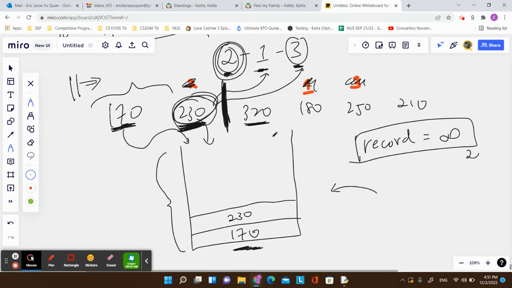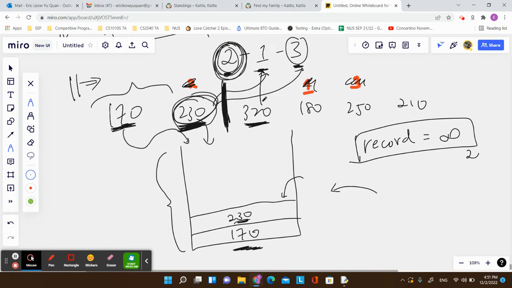This is where things start getting interesting. Not really actually, still the same thing. For 320, I need to ask myself, can it fulfill position 1? To know that, there must be a position 2 that I had seen previously, so I check the top of the stack. The value is 230. Can 230 fulfill the 2 position?